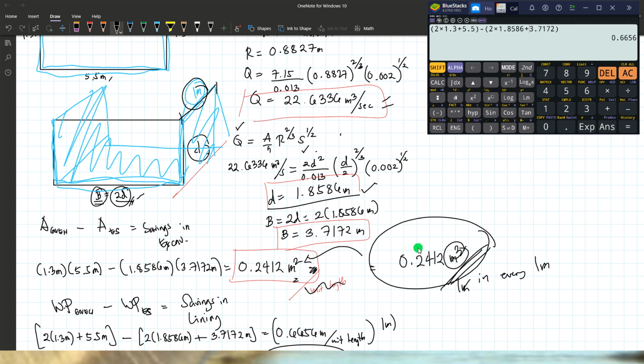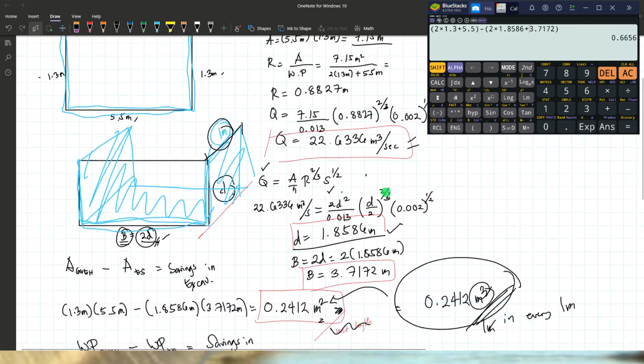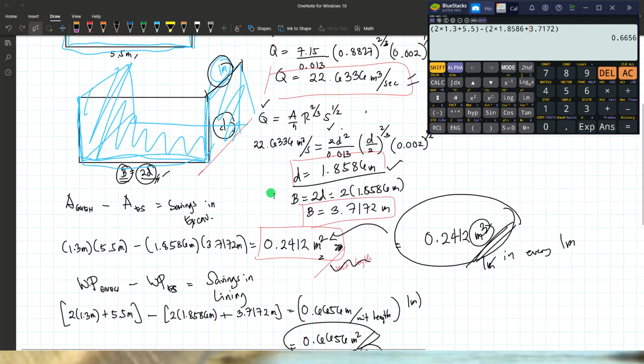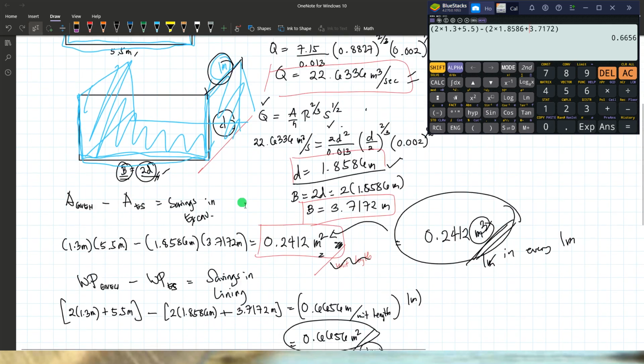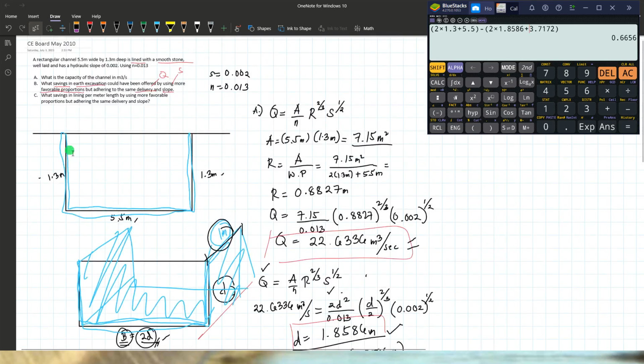Okay, so for letter C, for lining, again, just like in the savings in excavation, for lining, it is referring to this lining, the wetted perimeter where we will put the smooth stone.